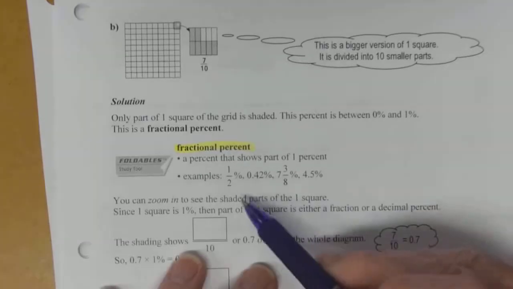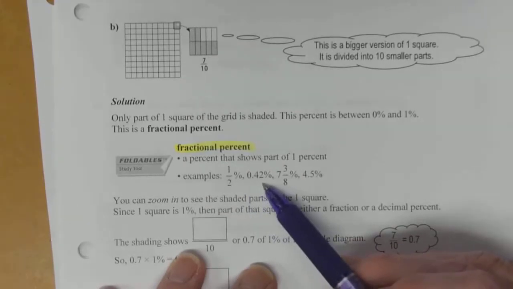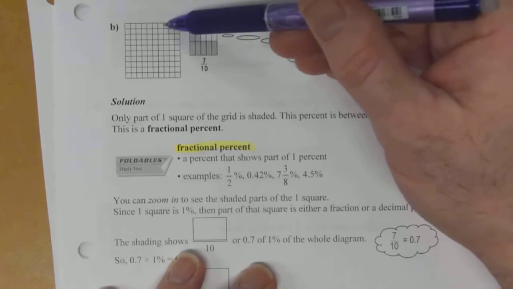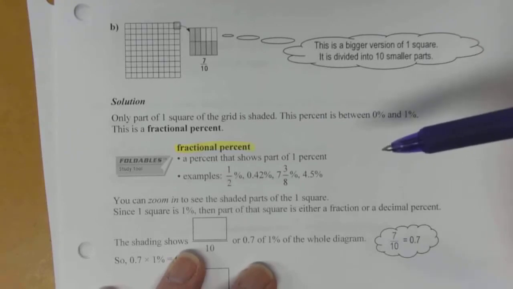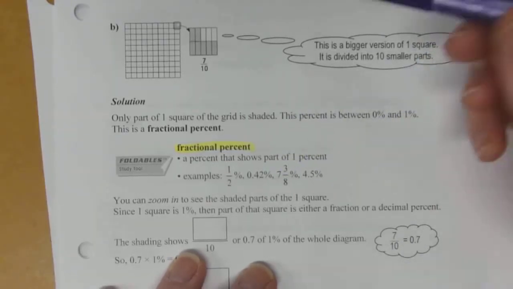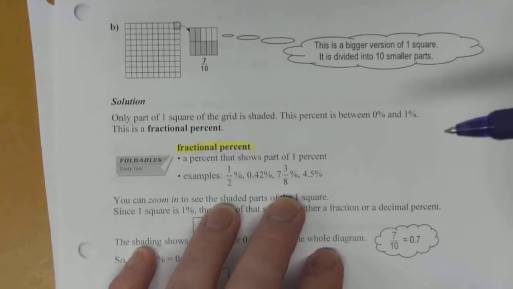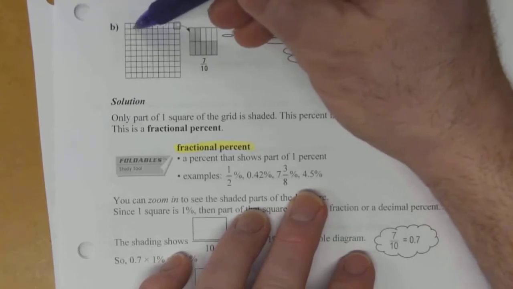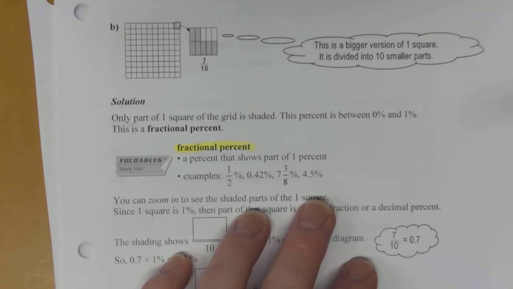For example, 0.5% would be half of a square shaded. 0.42% would be, if you broke one of these squares down into 100 little tiny squares, 42 of those tiny squares would be shaded. 7 3/8%, what that looks like is 7 full squares shaded, and then in the 8th square, 3/8 of it is shaded. 4.5%, you look at the whole number 4, so 4 squares would be shaded, and then half of one as well to cover off the 0.5.